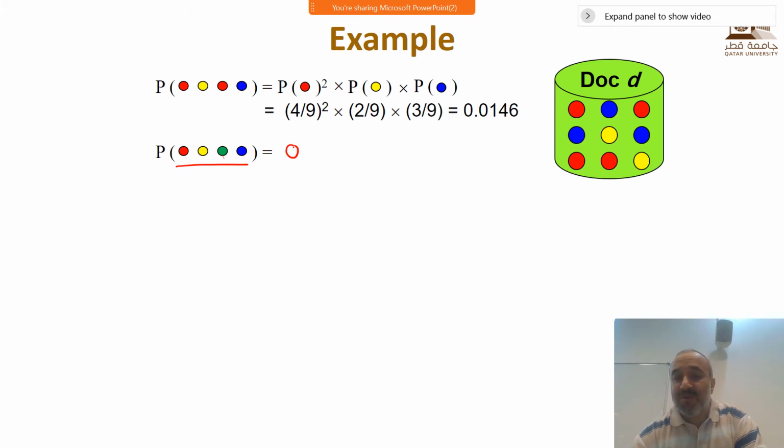So the probability of generating this sequence from the language model of that document is 0. That's the meaning of what we did, right? So that means that I cannot generate this sequence from that document, given the model that we have. Why is that bad?